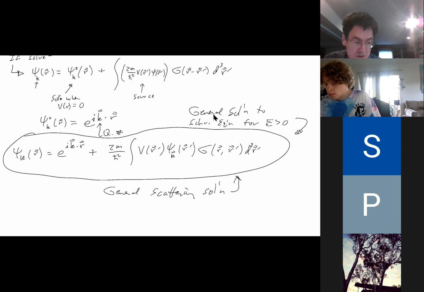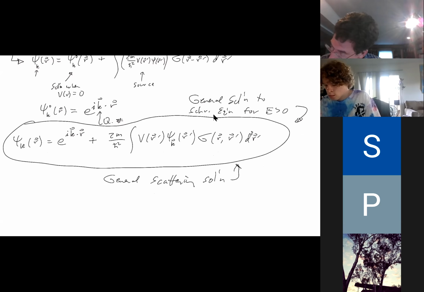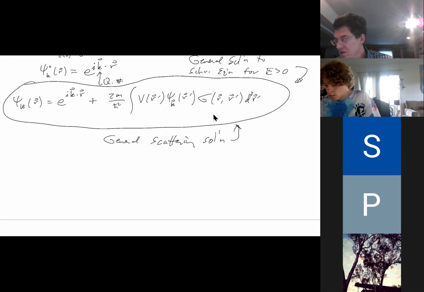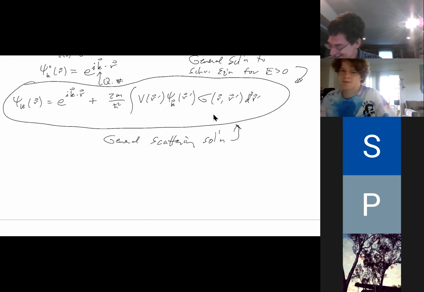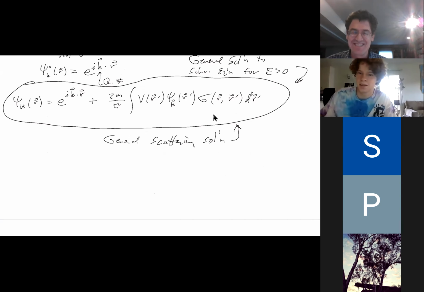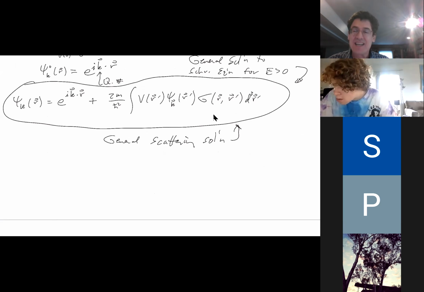Professor, is it really a solution though? Because we don't know what psi is, right? Yeah, so we're cheating a little, but remember what I said: don't worry, be happy. Just follow that advice. It's a general solution, but there's something a little bit bogus about it.